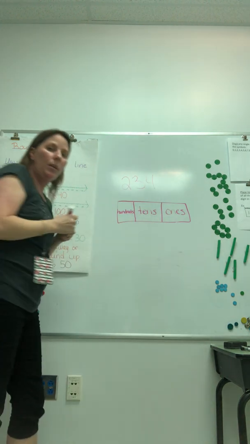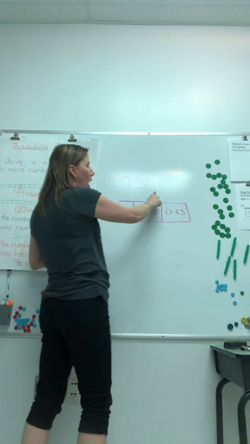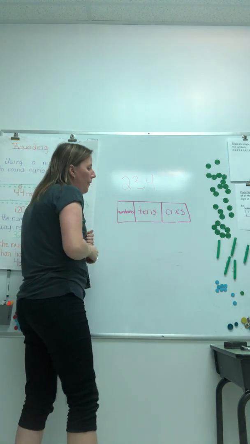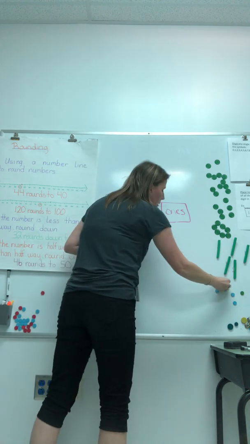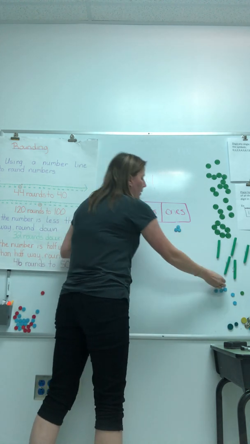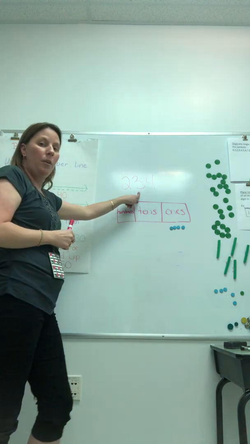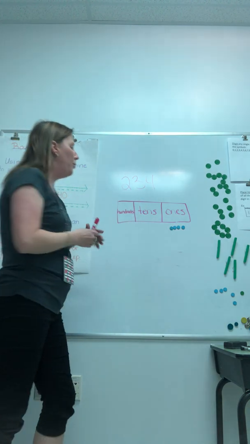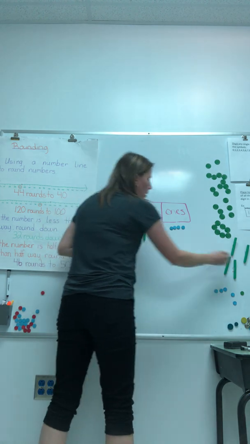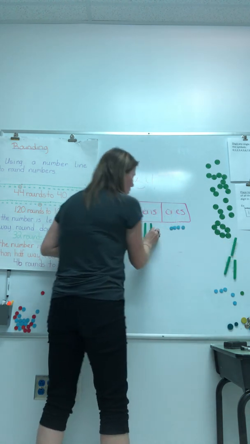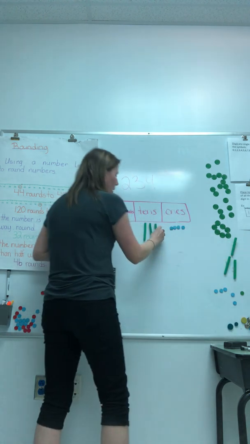234. Okay, so we look at the digit in the ones place, the digit all the way to the right, and we get 4. There's a 4, so we know that there are going to be 4 ones. And then we look to the digit to the left of the ones to find the tens. We have 3 tens. 1, 2, and 3.